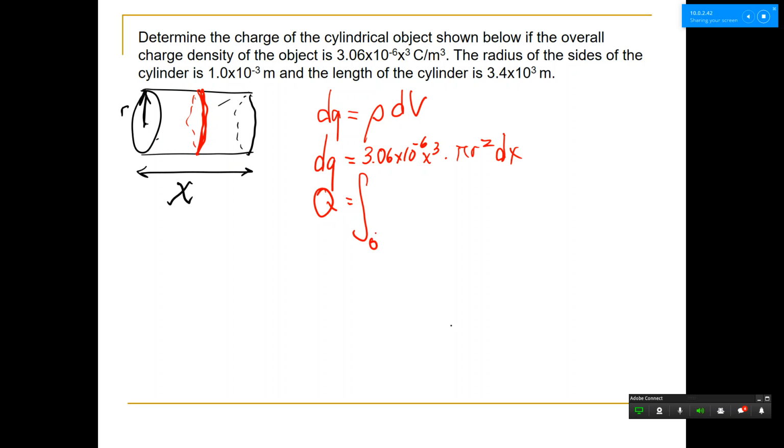Exactly, from 0 to 3.4 kilometers. At this point, you've done everything you need to do to set up the integral.